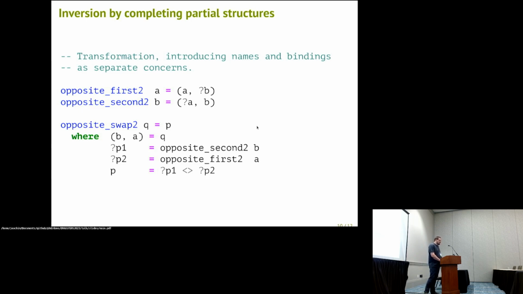And so doing that, I can have my pair P1 question mark, which is the result of inverting first, and I can have my variable P2 question mark, which is the other way around, right? And then I can get my pair by unifying those two structures, precisely as we did with the Prolog program. It's very precisely the same thing, right?